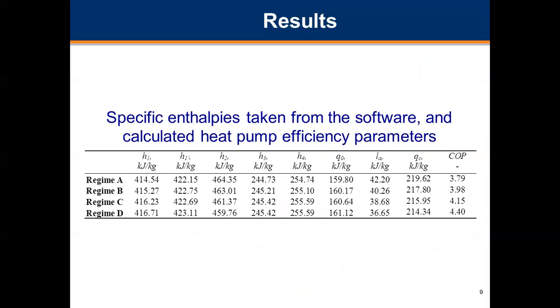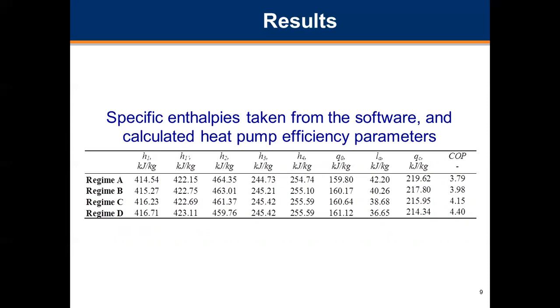The table on the next slide presents the values of the specific enthalpy obtained from the diagram at the respective intersection points in the refrigeration cycle and the calculated parameters presenting the efficiency of the heat pump.